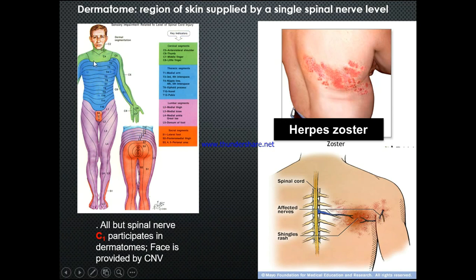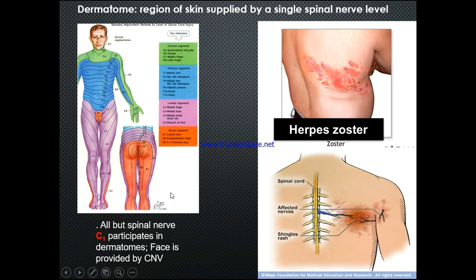Here we can see an image of the different levels, C2, C3, 5, and then T1 down to T12, and then the different regions L, S, etc., which actually makes a lot more sense when one looks at the animal model, because in the bipedal state it is separated slightly differently, but when we're in the quadrupedal state on all fours, as we were originally, these line up pretty much precisely, so it's easy to see as a cross-section on a quadrupedal model. But of course, as we've developed and become bipedal, we see this dermatomal spreading the way it is.